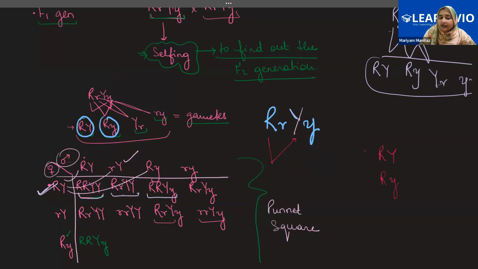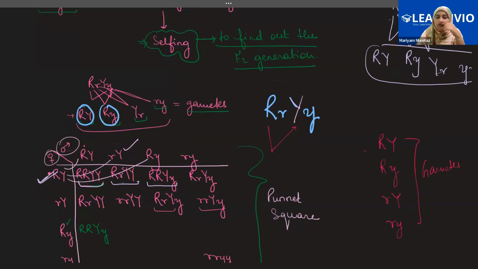Then small r with capital Y, gamete number 3, and small r with small y, gamete number 4. So these are the possible gametes. Now there will be two sets obviously for reproduction. The ratio is 9:3:3:1.